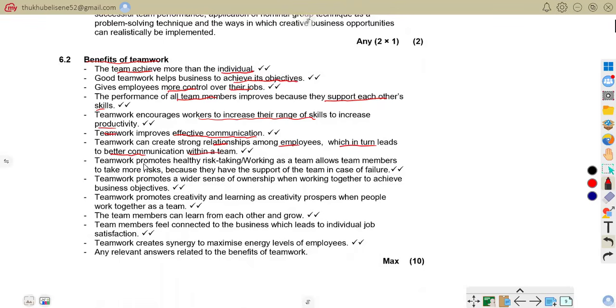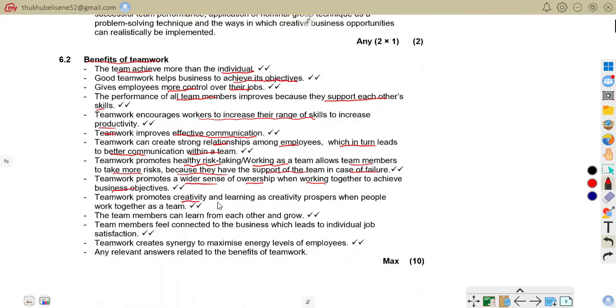Teamwork promotes healthy risk-taking. Working as a team allows team members to take more risk because they have the support of the team in case of failure. So it is easy to take a risk if people are working together as a team, because of the support you're going to get in case there is a failure. Teamwork promotes a wider sense of ownership when working together to achieve business objectives.